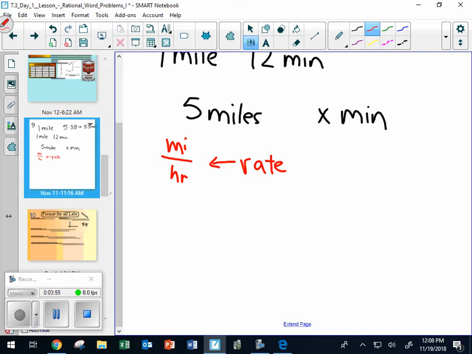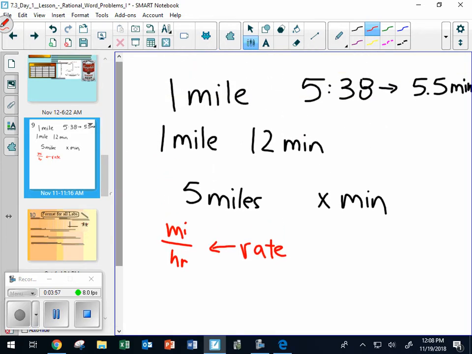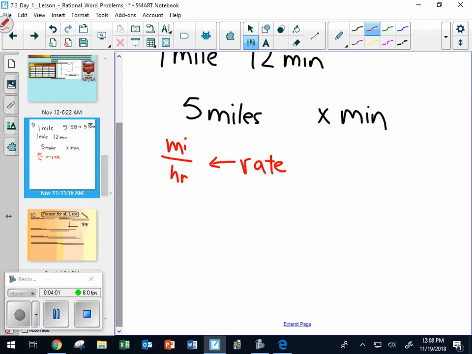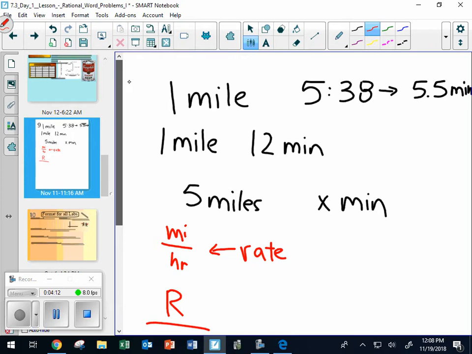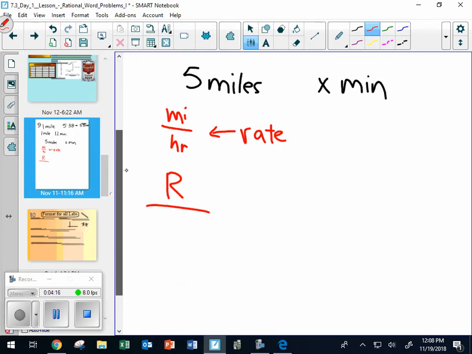So what kind of rate are we using in this problem? We're going to be using miles per minute. And let's say Ryan is the first person. So we're going to look at the rate for Ryan. And what is the rate for Ryan? Exactly.